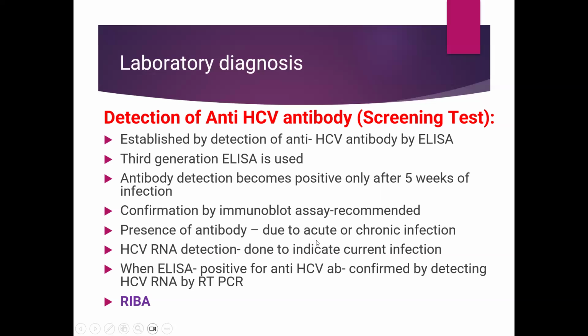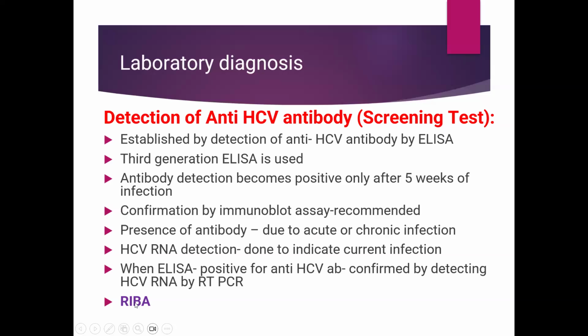So when ELISA is positive for anti-HCV antibody, it is confirmed by detecting the hepatitis C viral RNA by RT-PCR, real-time reverse transcriptase polymerase chain reaction.